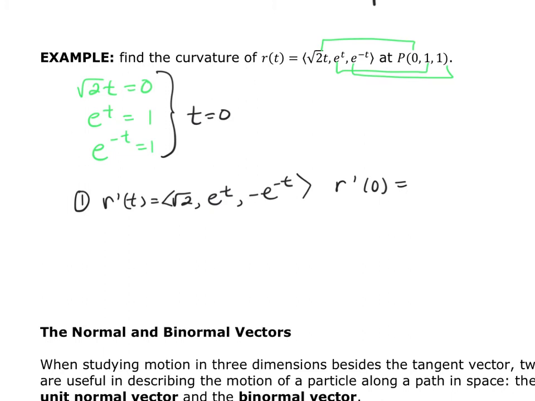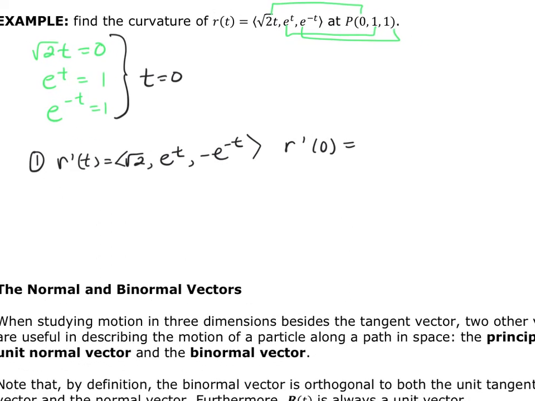I still have to do all the process, but it helps because I'm now all numeric and I don't see t anywhere. So r prime of 0 doesn't change my first one. It's still the square root of 2. But e to the 0 is 1, and negative e raised to the negative 0 is negative 1. So now when I do the cross product, I get to use those instead of the square root of 2, e to the t, and negative e to the negative t.